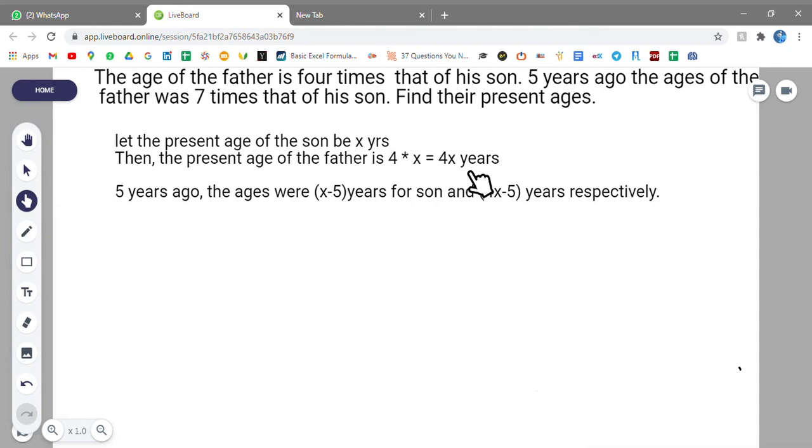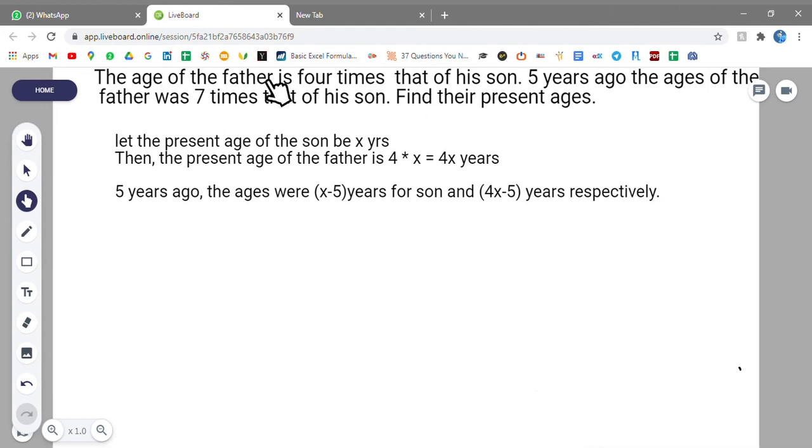Today if the age of the father is 4x years, 5 years ago the age of the father is going to be 4x minus 5 years. Okay, so this is what we have defined from the 5 years ago part given in the problem.